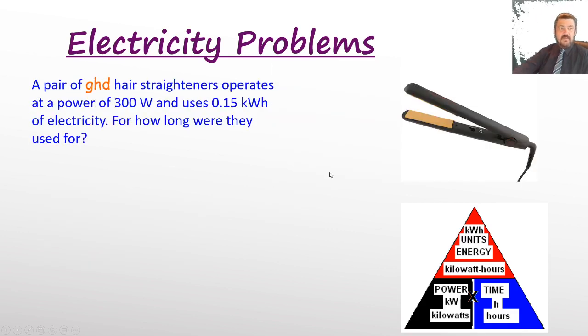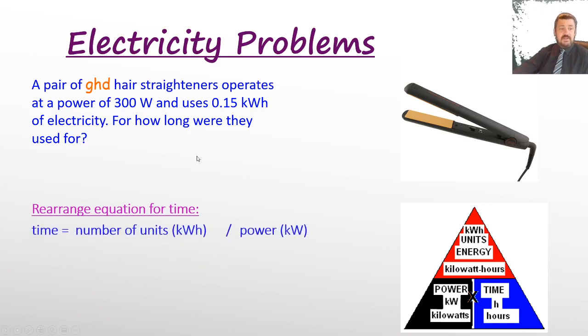Now we're going to look at it a different way. We've got a pair of GHD hair straighteners, which operate with a power of 300 watts and use 0.15 kilowatt hours of electricity. How long will they be used for? We're going to rearrange our equation for time before we do anything. So time is equal to the number of units in kilowatt hours divided by power, as we can see in our formula triangle.